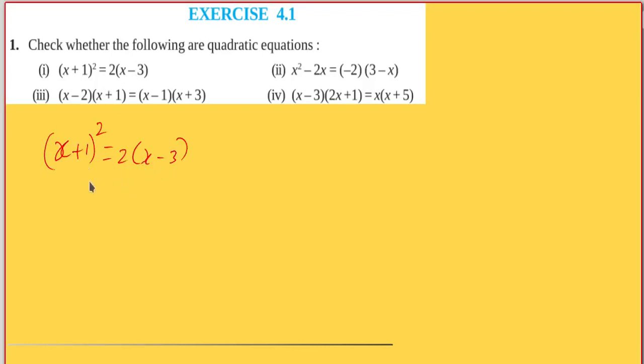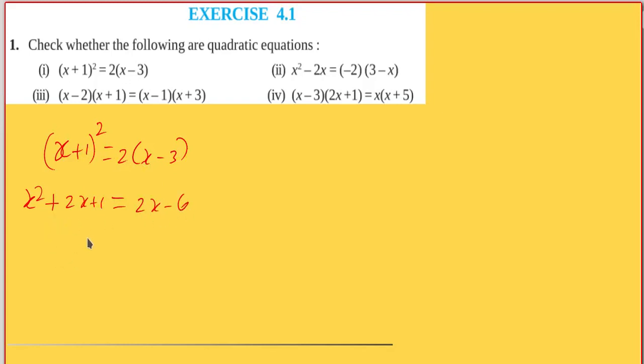Let me simplify this. The left hand side is in the form of a plus b the whole square, so let me expand it, and on the right hand side let me multiply. This will become x square plus 2x plus 1, using a square plus 2ab plus b square. 1 square becomes 1 itself, and on this side we need to multiply by 2, so we get 2x minus 6.